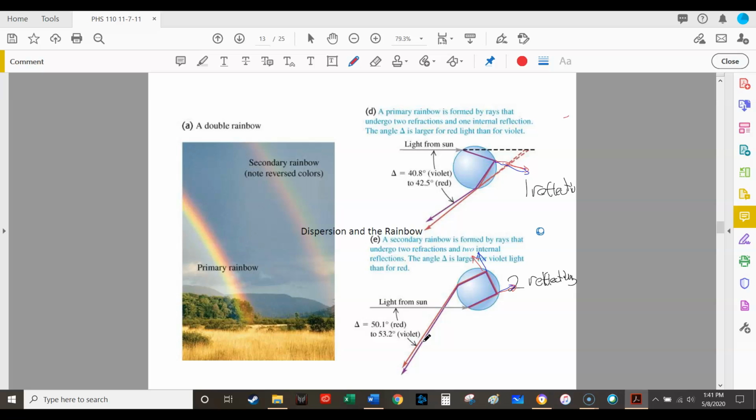Okay, so it's really, really cool. Dispersion is a really neat thing. It results in very pretty things. Anyways, it's also what's happening when you're flying in a plane and you look down.